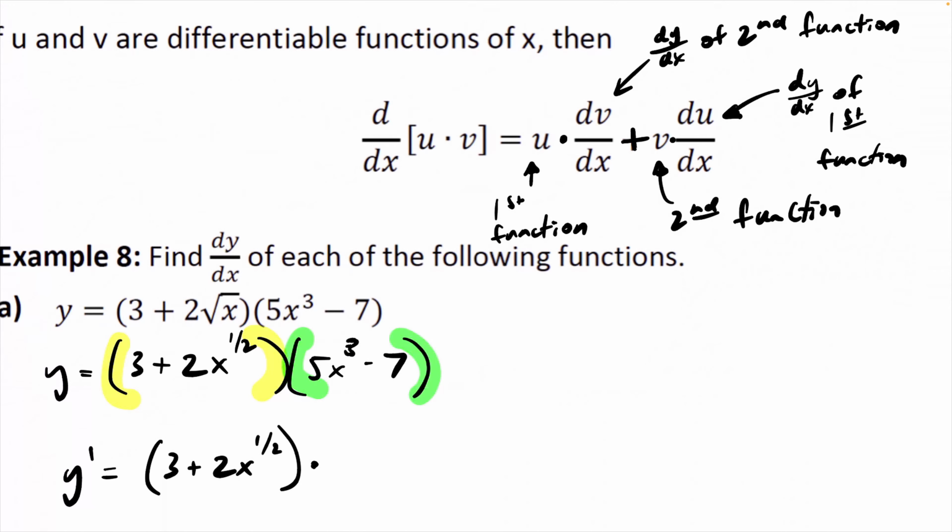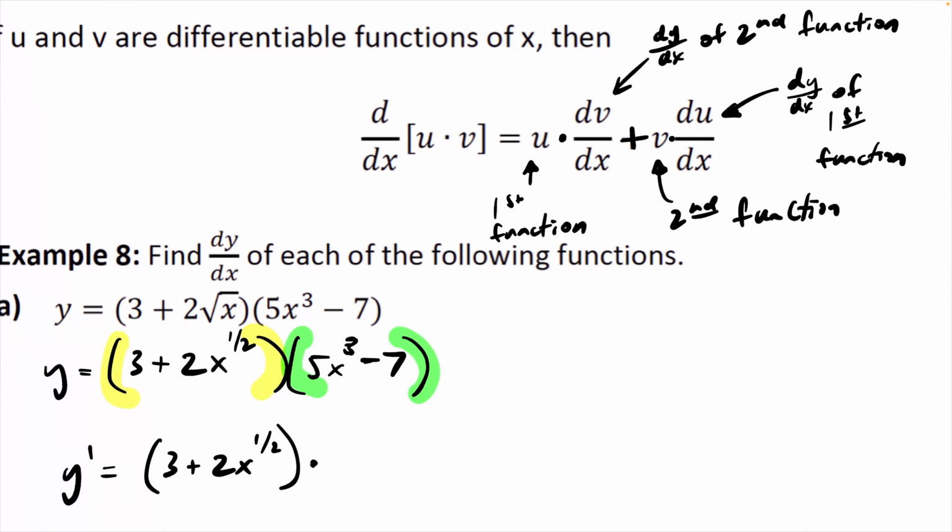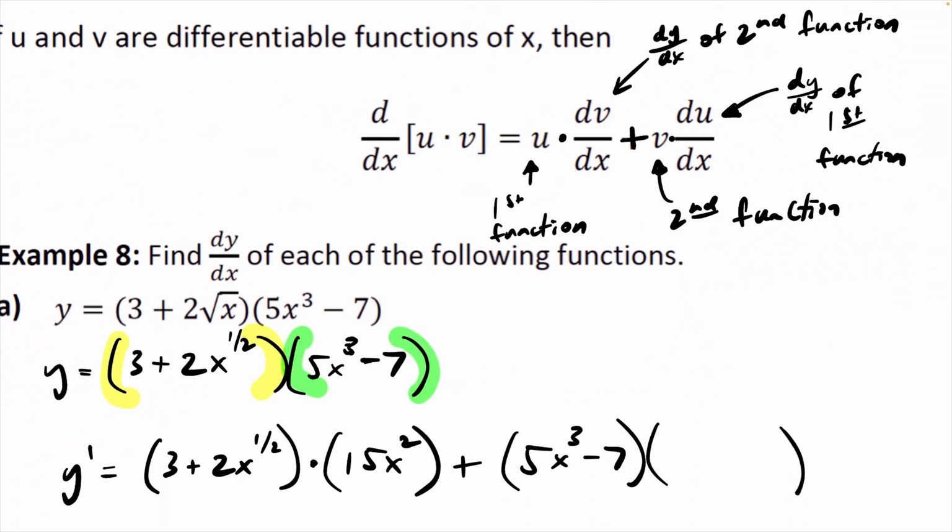So what's the derivative? This should be a minus, it looks like a dot. 15x squared, and what's the derivative of negative 7? So just 15x squared, right? Plus the reverse. Rewrite the second function times the derivative of the first function.